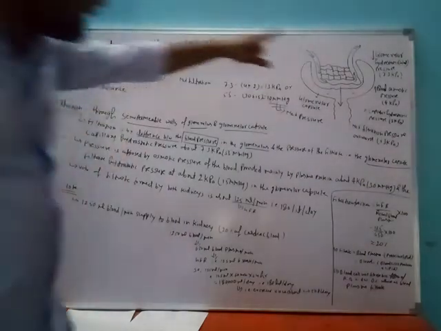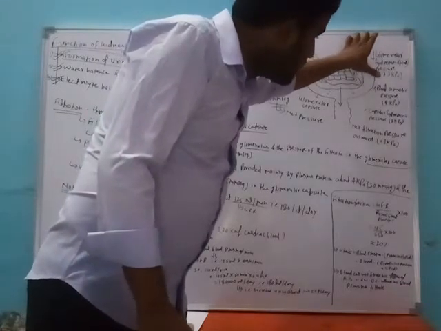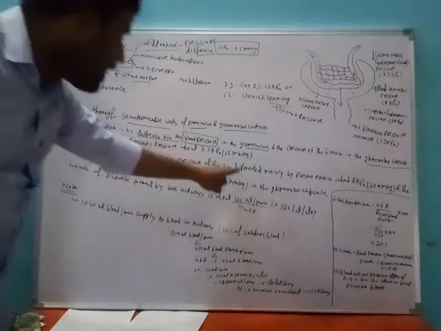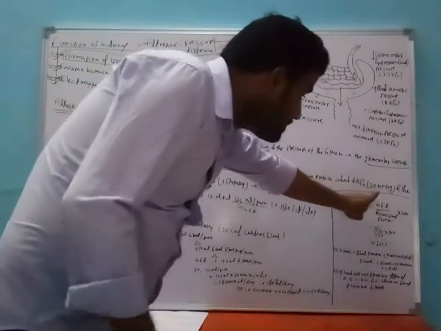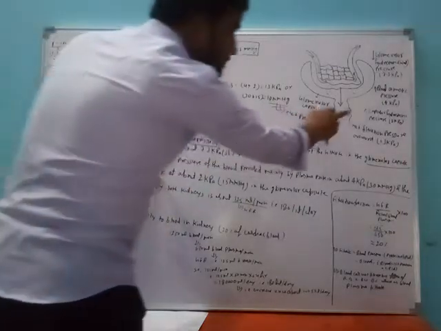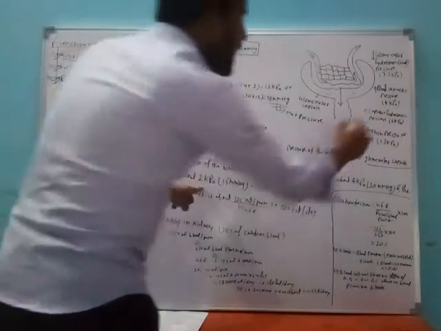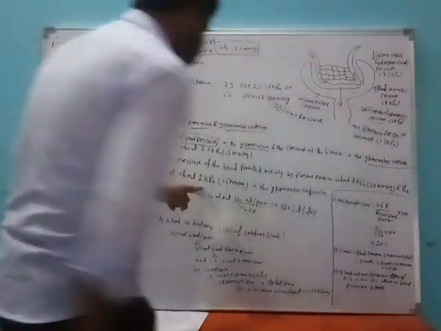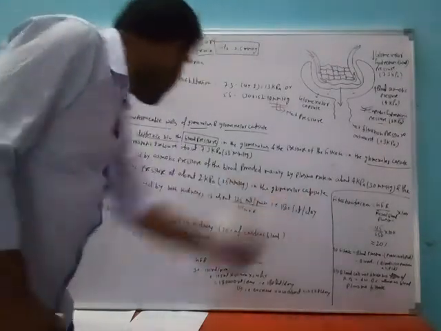This glomerular hydrostatic pressure is opposed by the osmotic pressure of the blood, provided mainly by plasma protein, about 4 kilopascal, that is 30 mmHg, and the filtrate hydrostatic pressure at about 2 kilopascal, that is 15 mmHg, in the glomerular capsule.